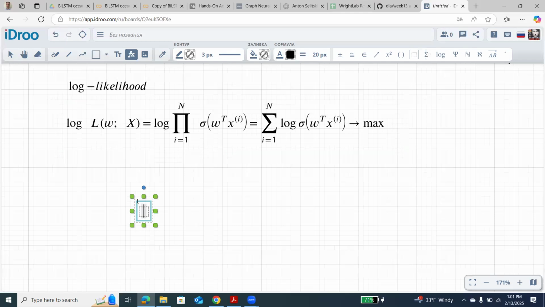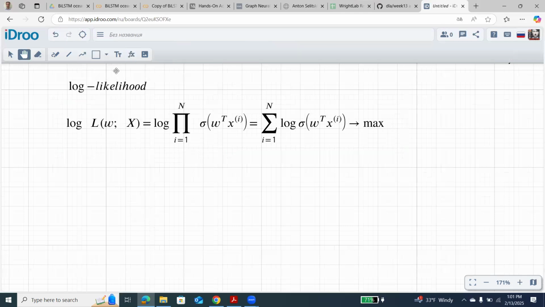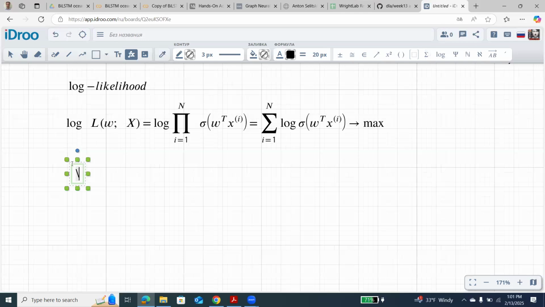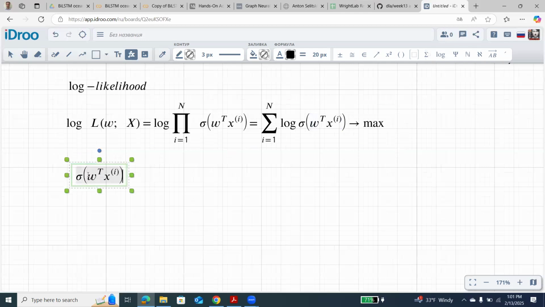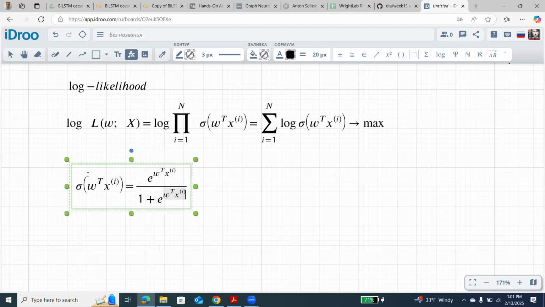Now we will use the explicit formula for this sigmoid function. So as you remember, sigmoid function was exponent over 1 plus exponent. And I will divide by numerator just to simplify it.